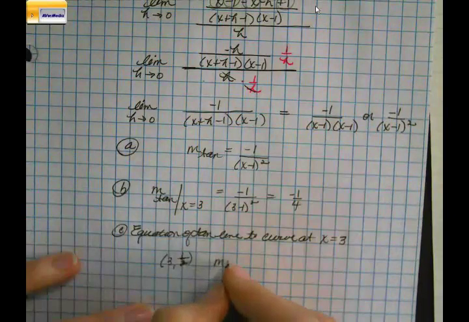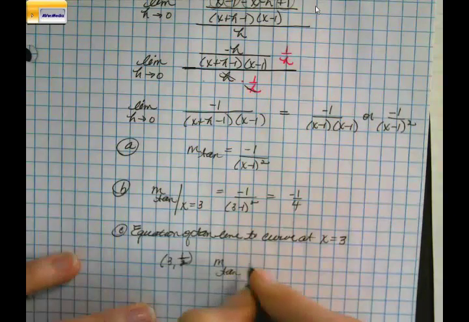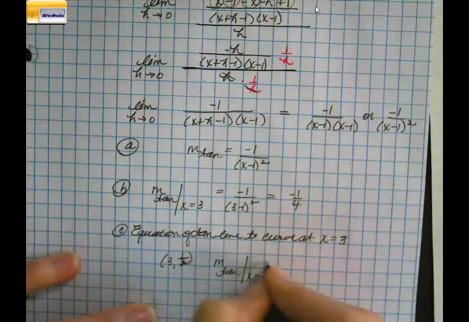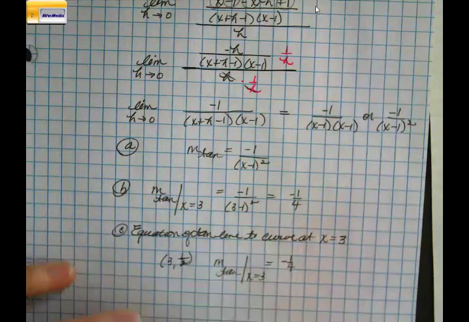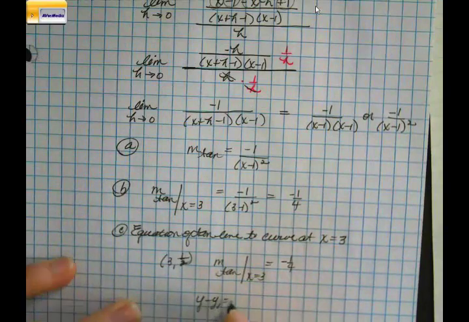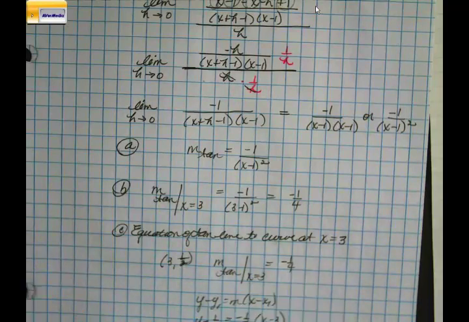And I have a slope of the tangent line at x equaling 3 equaling a negative 1/4. Then I go in here and I use y minus y1 equaling m times x minus x1. So this becomes y minus 1/2 equaling a negative 1/4 times x minus 3.